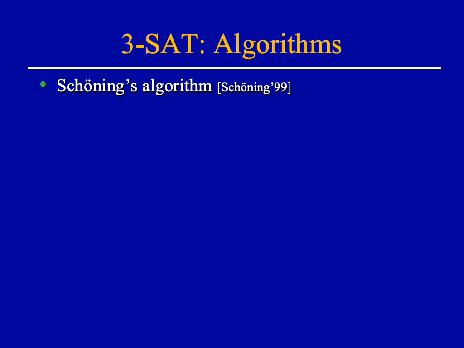Well, there are many different approaches that have been proposed for solving the 3-SAT problem. Here, in particular, we want to mention one called Schoening's algorithm, which was developed about 20 years ago by Schoening.